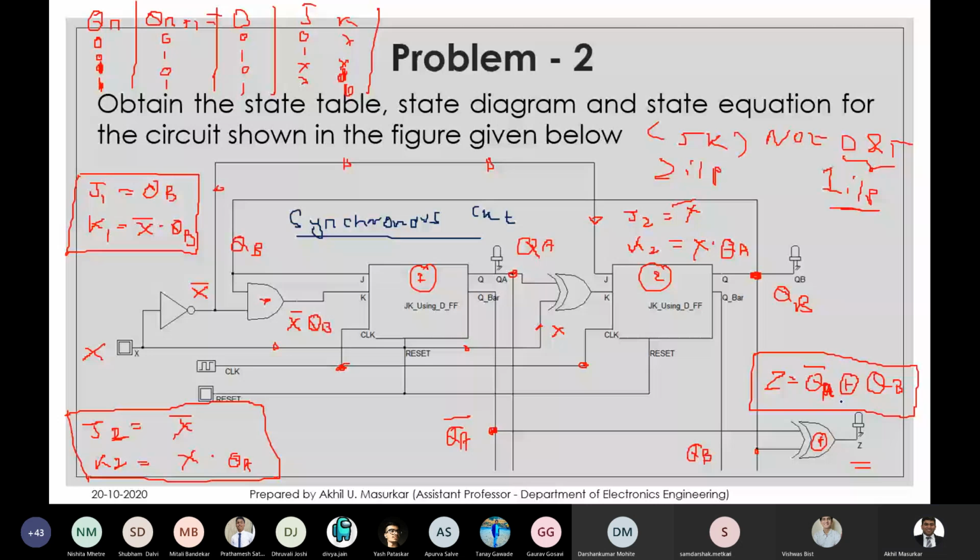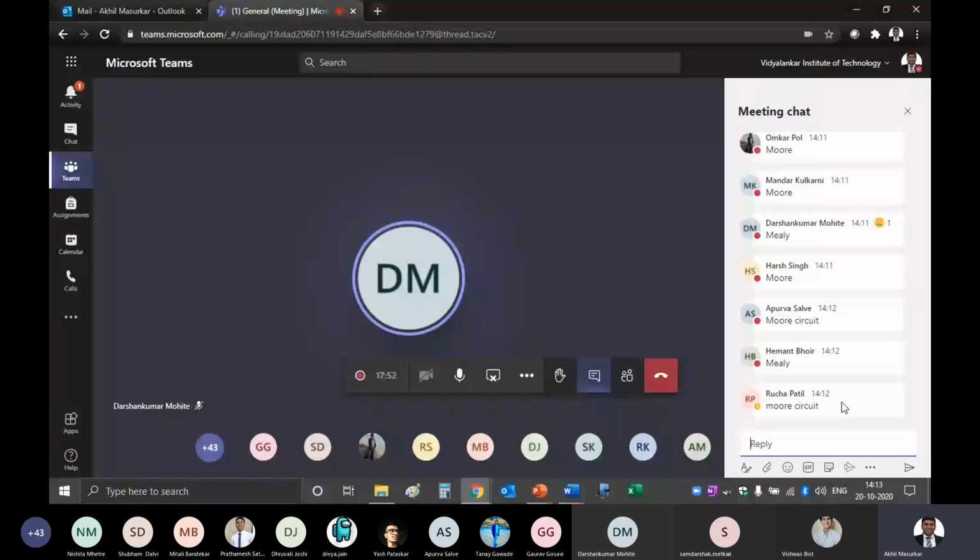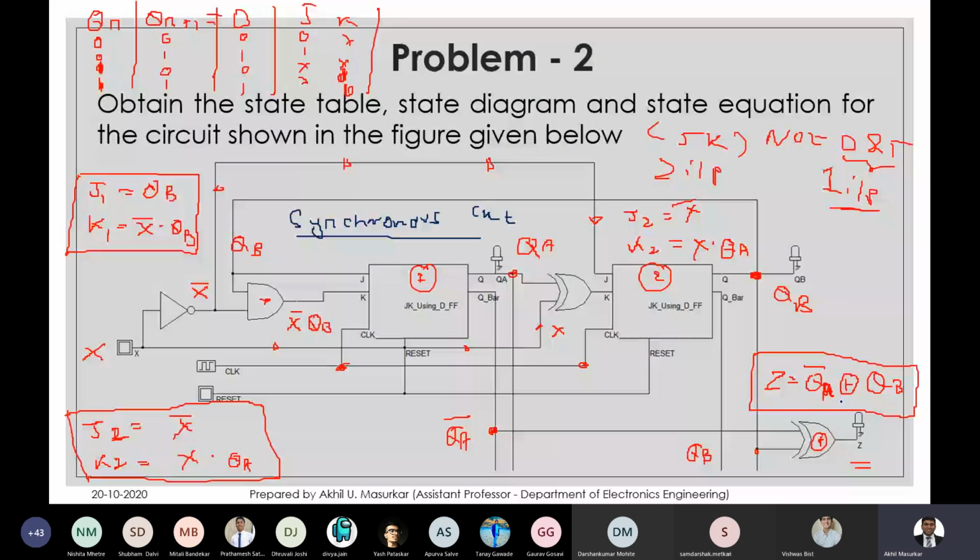Except these two, others all have given the right answer. Now, the reason for that is very simple. All you need to do is look at Z. Z is a function of only QA and QB, only the present states.